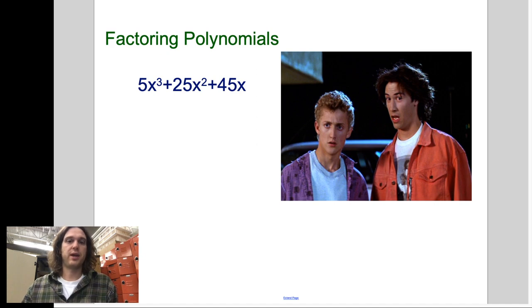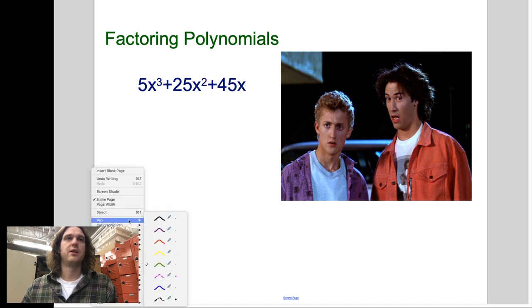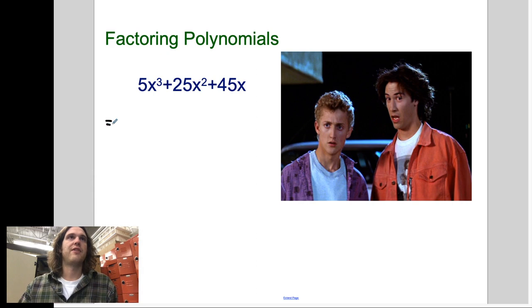The first example is 5x cubed plus 25x squared plus 45x. I want to write this as a product. Well, I think it helps to look at the prime factorization of each term. The first term is 5 times x times x times x. The second term, 25x squared, is 5 times 5 times x times x. The third term is 45x.